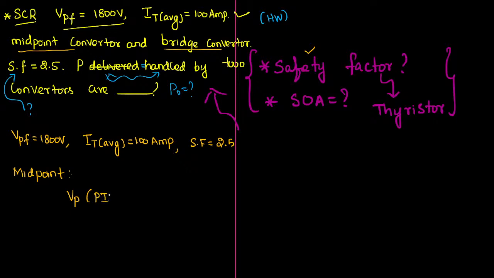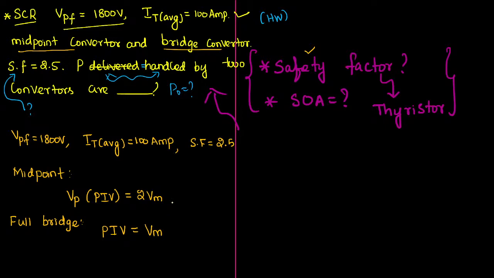The peak inverse voltage that will be dropped across the diode in case of a midpoint full wave rectifier is 2 times the maximum voltage. Yes or no? That is the difference. But if you are designing a full bridge rectifier, then the peak inverse voltage will become only Vmax. So that is the first difference between these two.